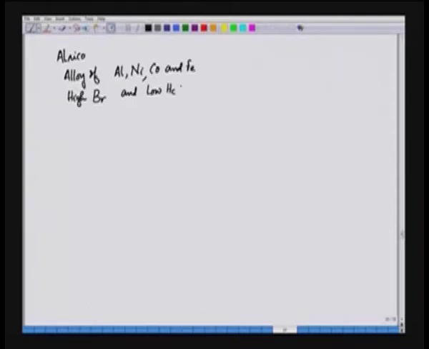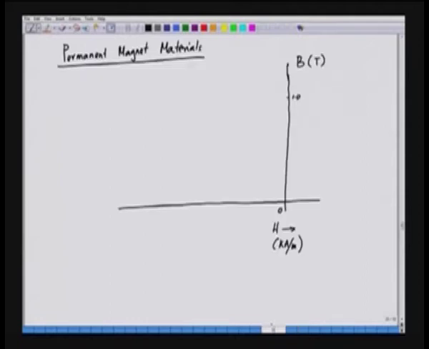A typical material will be something like Alnico 5, and Alnico 5 will have a BH curve which is something like this. This is approximately 1.22 and this is about 60, and this curve is drawn for Alnico 5.